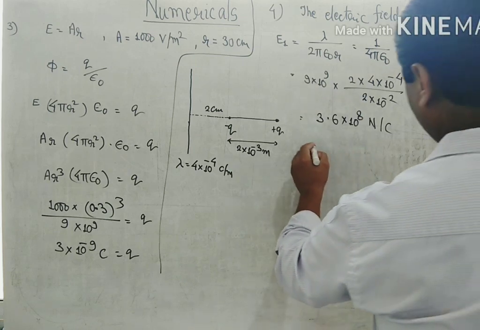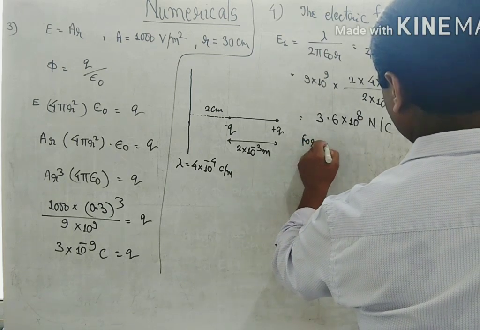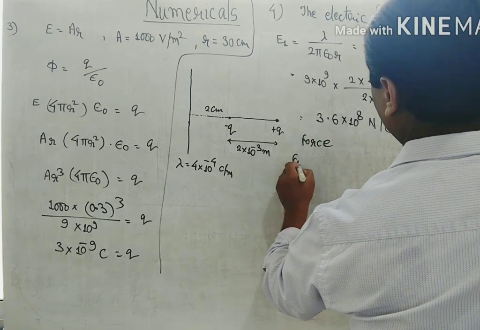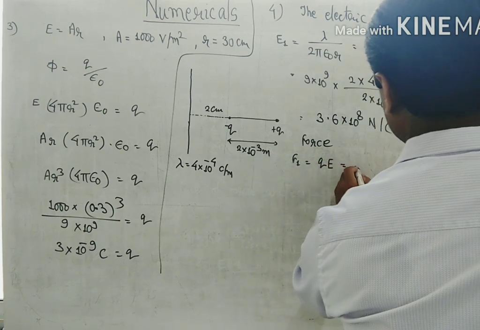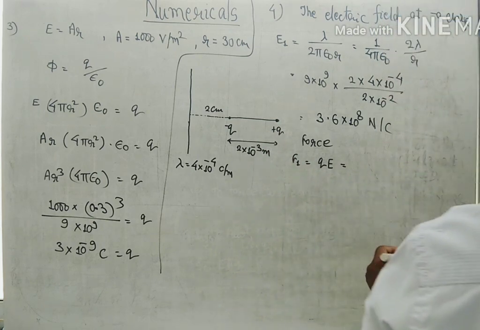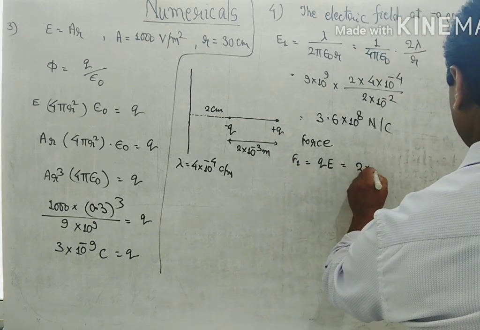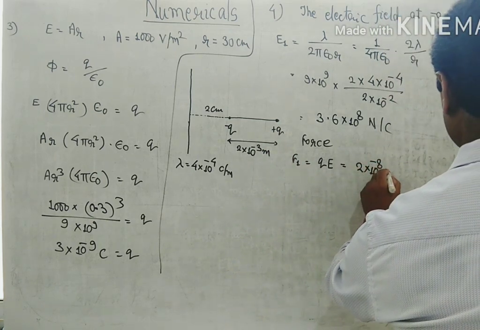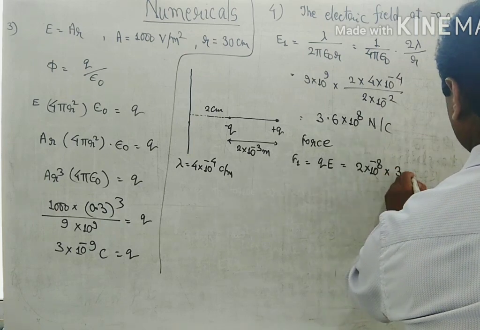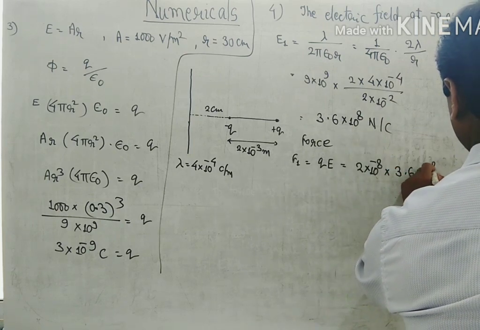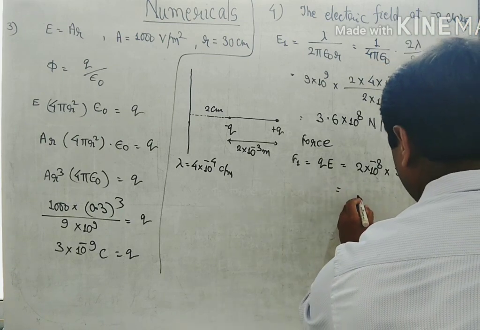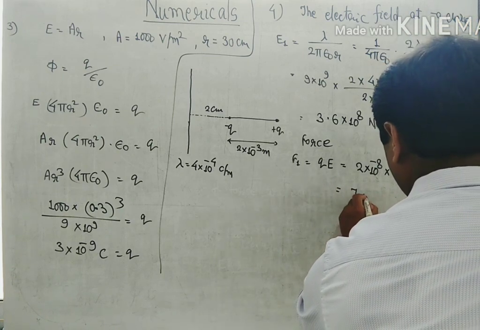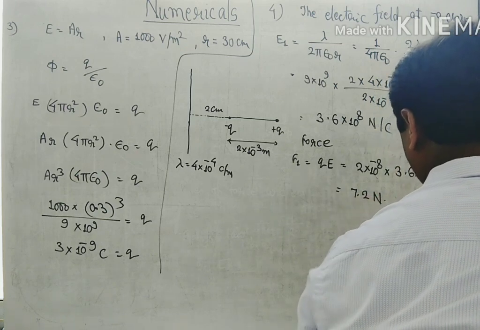Now force F1 equals Q into E, and what's the charge of the dipole? It's 2 into 10 power minus 8, given in the question, into this electric field 3.6 into 10 power 8. As you solve it, you'll get 7.2 Newton.